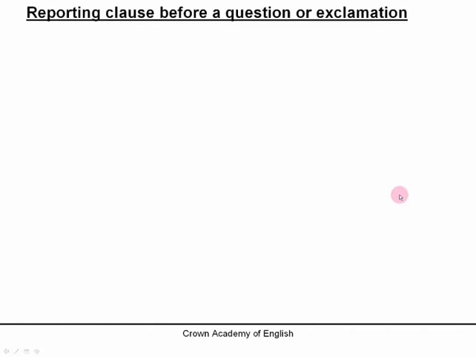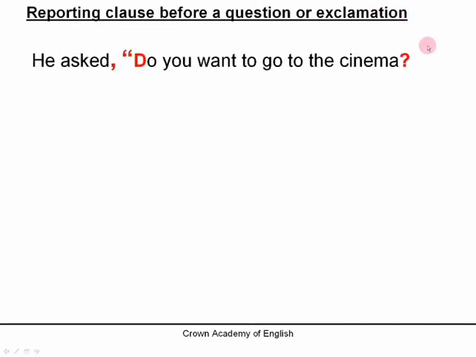Now, there is a special rule for a reporting clause before a question or an exclamation. So, again, we have this time, he asked, "Do you want to go to the cinema?" So this is a question. And here is an exclamation. He shouted, "Hurry up!"